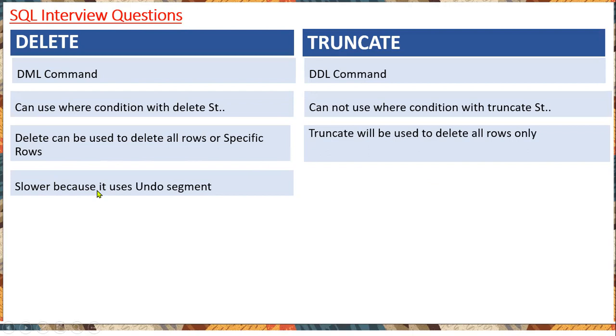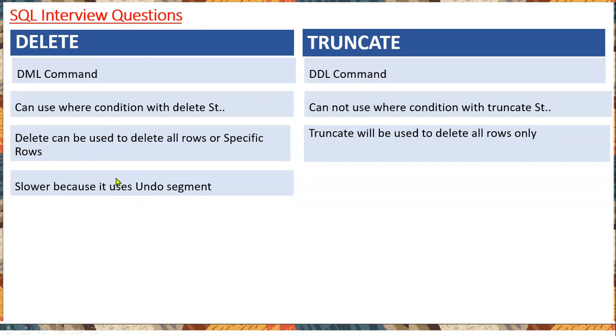Whenever we apply the delete statement, it will be slower compared to truncate, because DML statements can be rolled back. It's not auto commit. Explicitly, we are supposed to apply the commit.